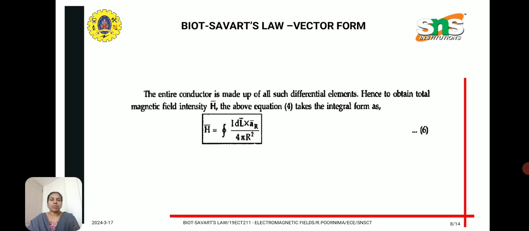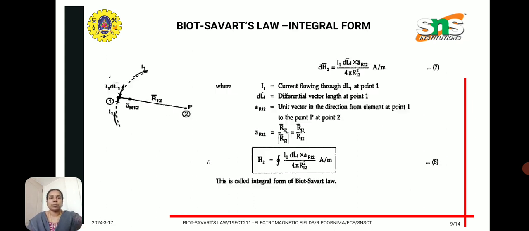So in terms of the integral form, we write for the entire conductor. The total magnetic field intensity is given as the integral of I dl cross ar cap divided by 4 pi r squared. This is Biot Savart law in integral form.